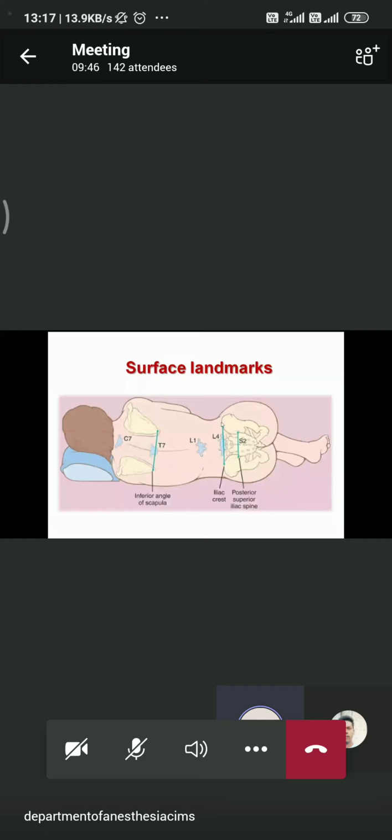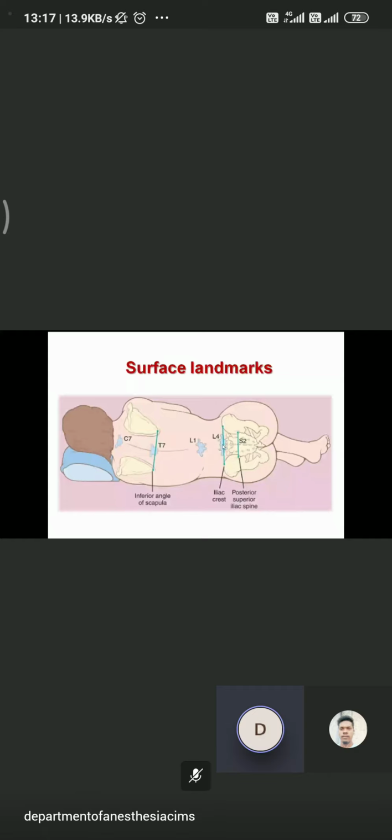So when we want to give spinal anesthesia in the L3, L4 space, we palpate the L4 spine or L4, L5 intervertebral space. Just above that we have the L3, L4 intervertebral space, so we will give spinal anesthesia at this place. The surface landmark is very important. So this is the lateral position for giving spinal anesthesia. Again, the same picture.